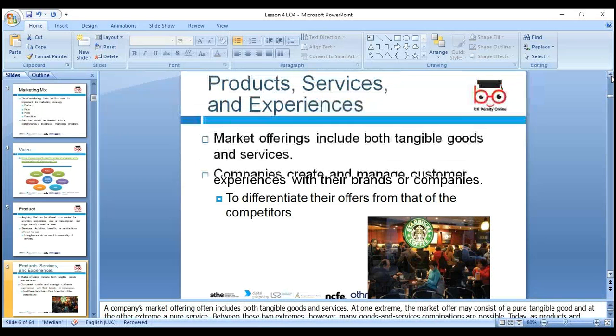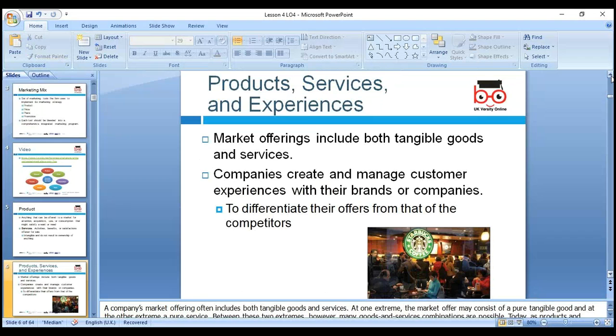Also, in product and service, experience is very crucial. As a company, we should provide a good environment and good customer service experience. Customer service leads to service quality, which leads to customer satisfaction, and customer satisfaction leads to customer loyalty. Customers become loyal if we have good service; if we don't, we can't make the customer loyal.